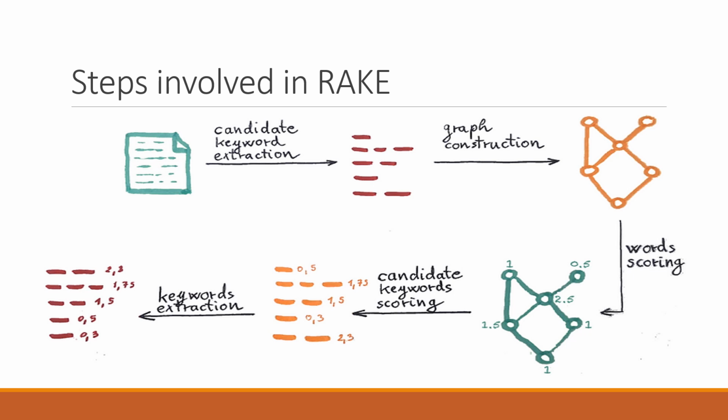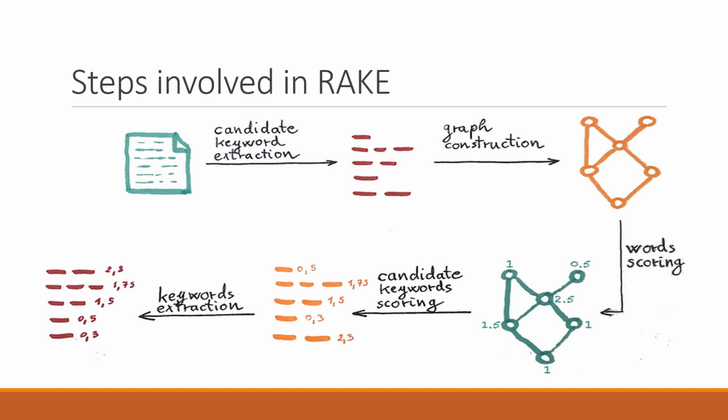Word scoring. Each word in the graph is scored with one of these scores. Word degree: the number of words that word w co-occurs with, the sum of edge weights, including an edge that points to the vertex itself. Degree favors words that appear more often and in longer keywords. Word frequency: the number of times that a word appears in any candidate keyword.